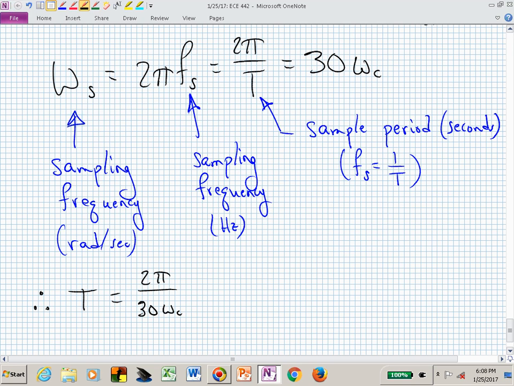Just solving for capital T in that right-hand equality. But we've already said that omega sub c was 5.